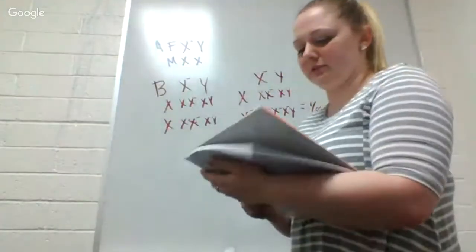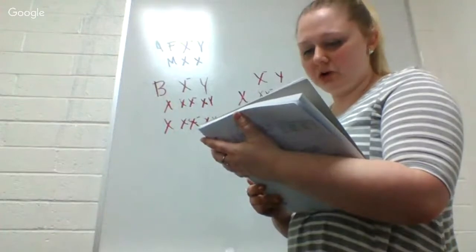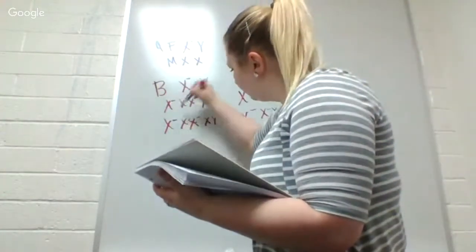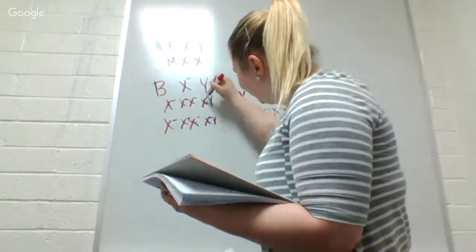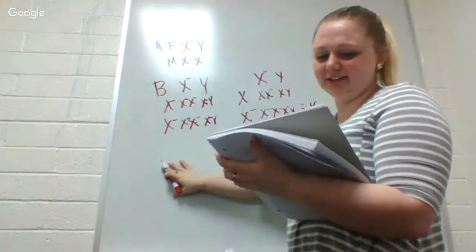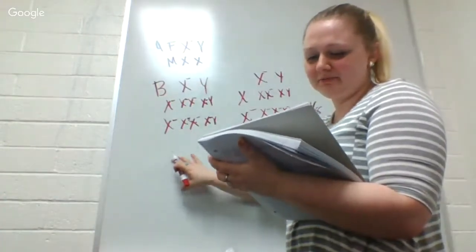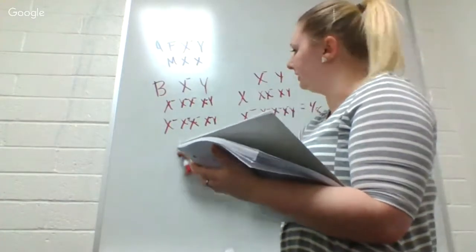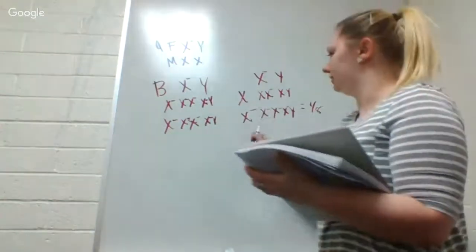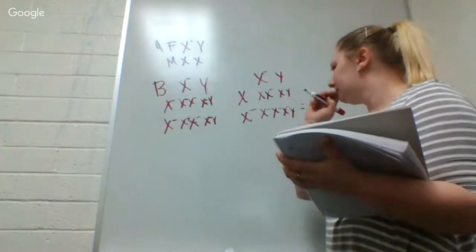And so from that, we're going to do basically the same cross, if we just put in little minuses right here. So this is her being affected, and her husband being affected. And then here we have her as a carrier.